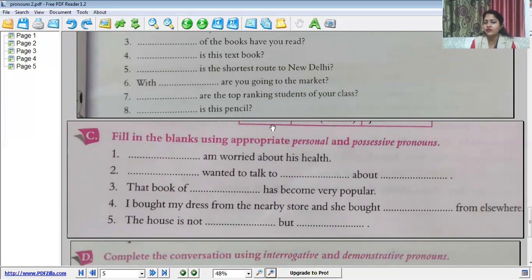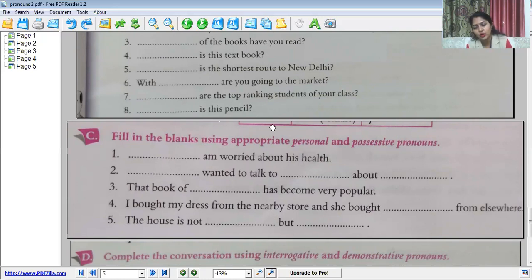If I tell you to fill in with nouns, Raj wanted to talk to Sham about Sita. But since we are told to fill in with personal pronouns, he wanted to talk to her about him, or he wanted to talk to him about her, or she wanted to talk to me about her.